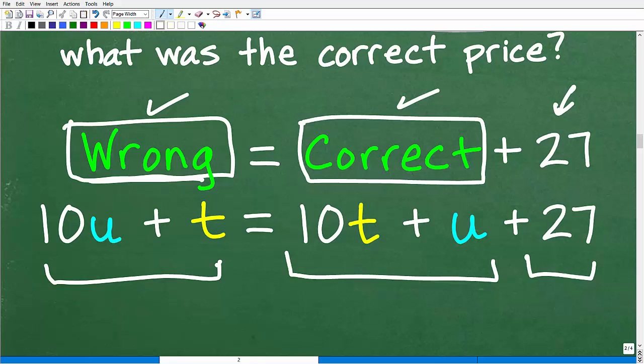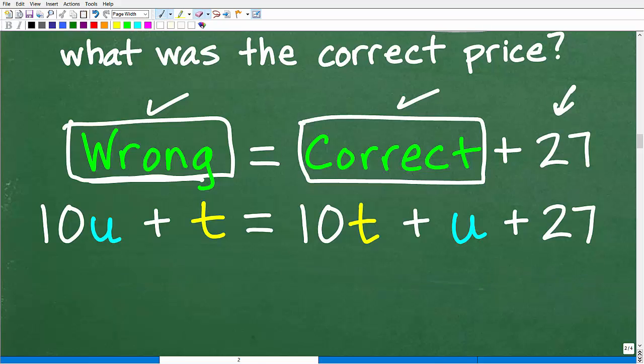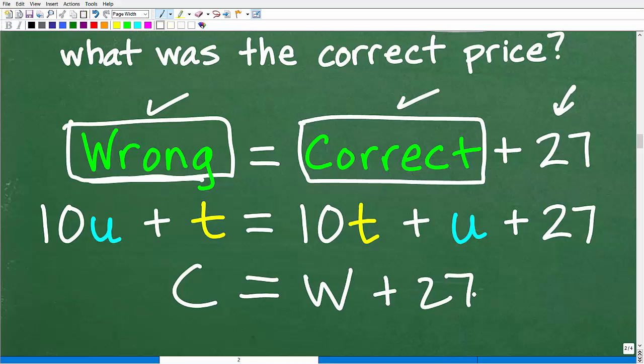So make sure you understand this setup, and when you are doing these problems on your own, don't rush through these equation setups. Double, triple check your logic because it's easy to make a mistake. Oftentimes what will happen is that people will have the correct price over here and then the wrong price plus 27. This is a common mistake.